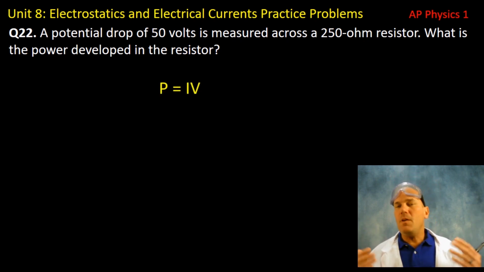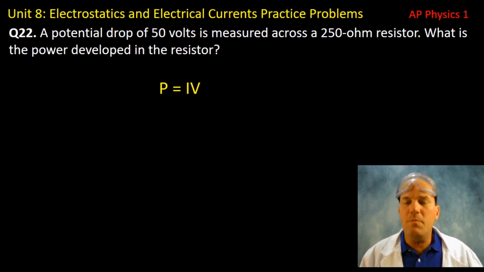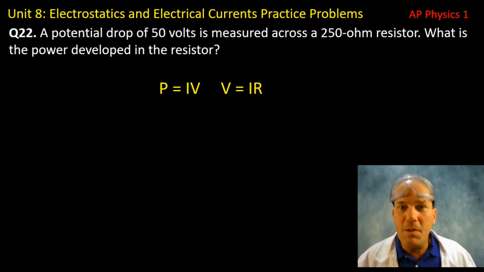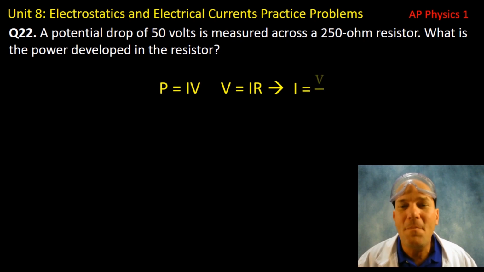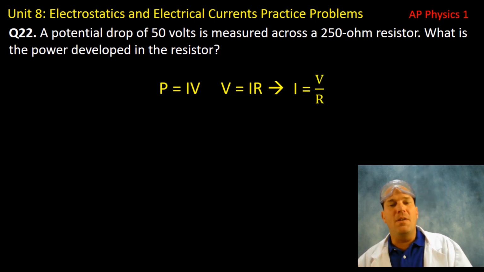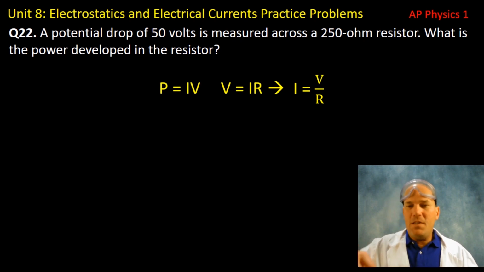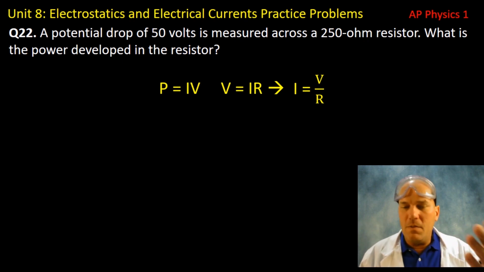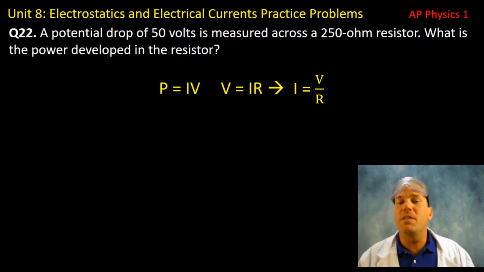So power is equal to current multiplied by the voltage, and voltage is equal to the current multiplied by the resistance. That's Ohm's law. And so we can rearrange this in terms of another, take both of these, rearrange them. So therefore the current is equal to the voltage divided by resistance.